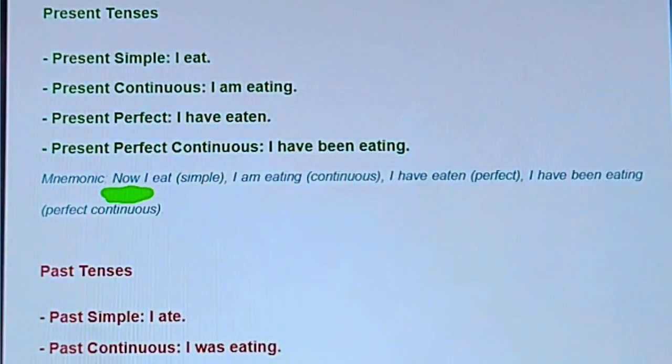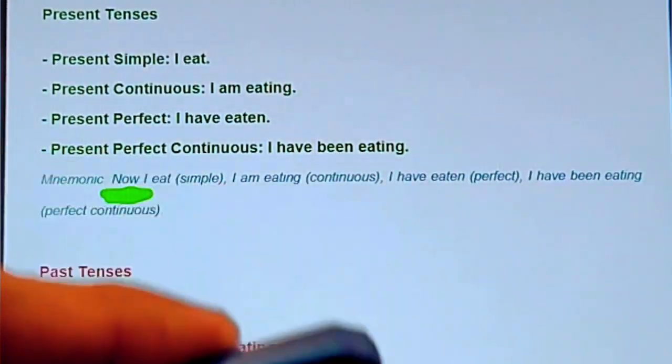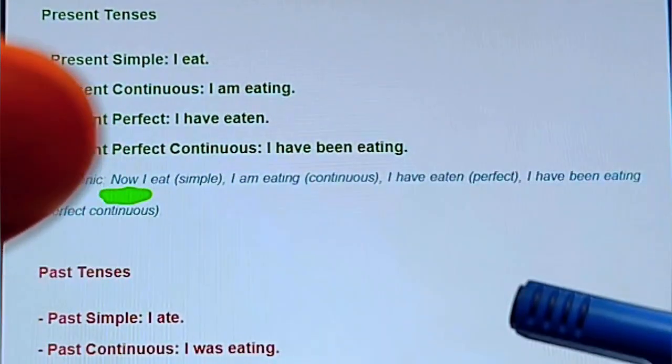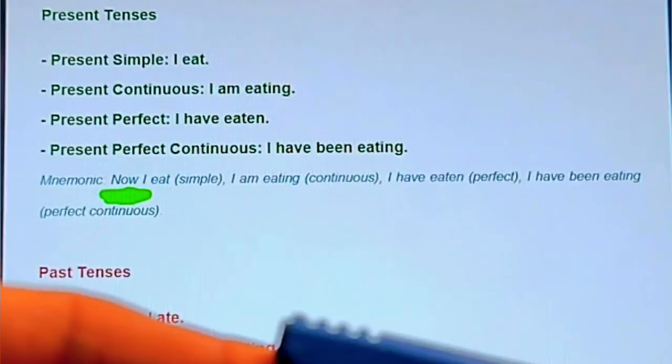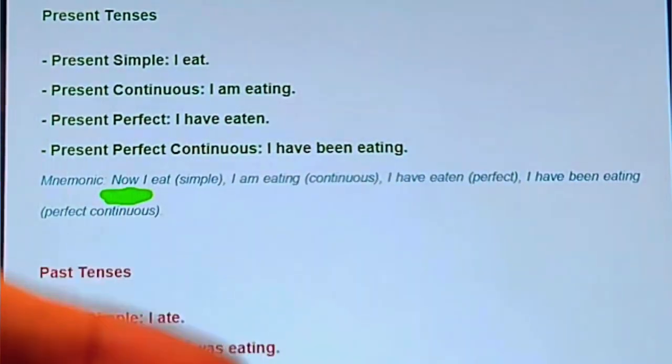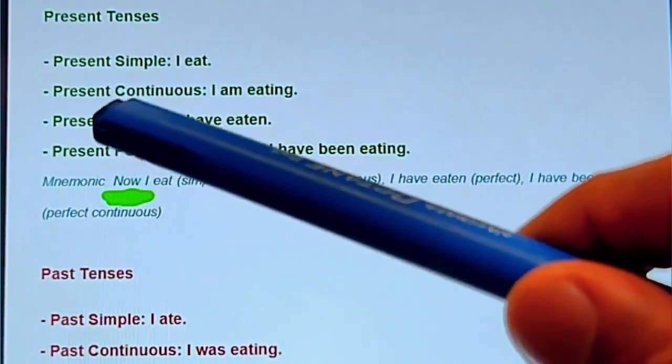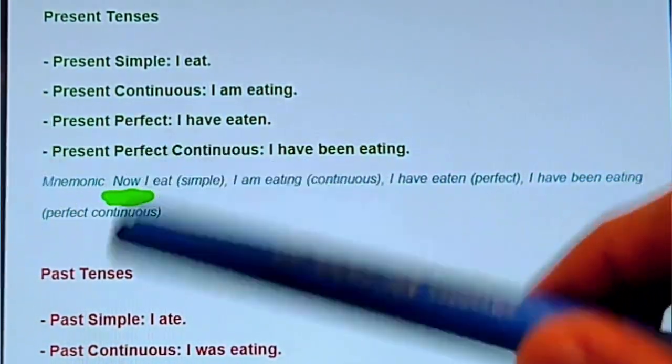So now is a mnemonic word to understand the present tense. Anything happening in the present, you can remember simply with this word: now. This is the mnemonic word for you.